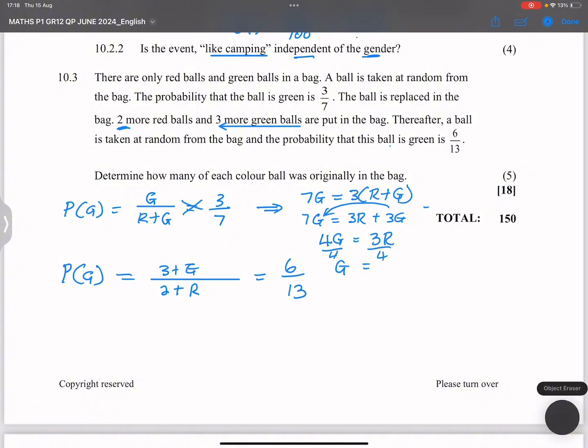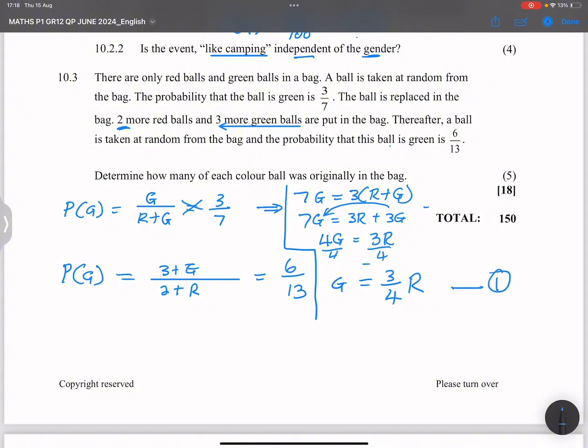Okay, let me just make sure that I get that correctly. So g would be equal to 3 over 4 multiplied by the value of r. Now, ladies and gents, this is for the first one, from the first equation. Right, let me call that equation 1.